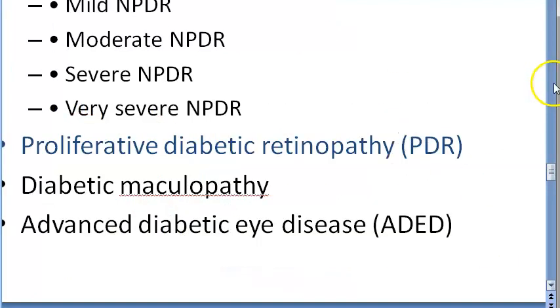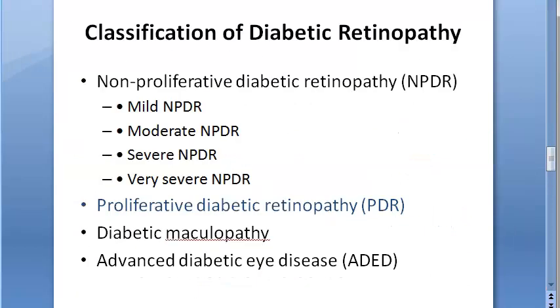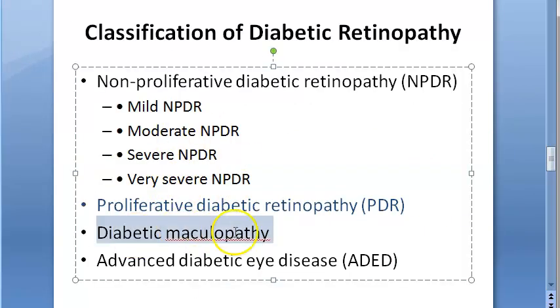Remember that even in non-proliferative diabetic retinopathy, you can have diabetic maculopathy, right? The changes in the macular region need special mention because they affect vision a lot. So there can be macular edema. Diabetic macular edema is DME, okay? We will cover all these in the maculopathy video, guys.